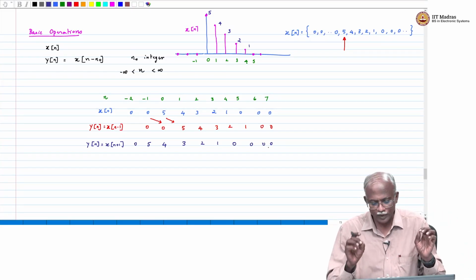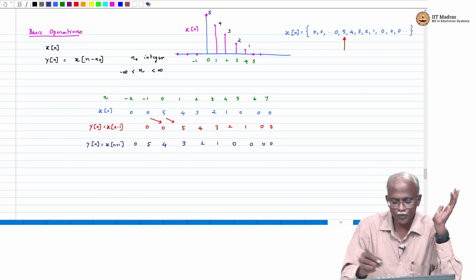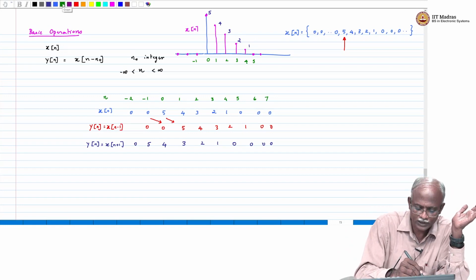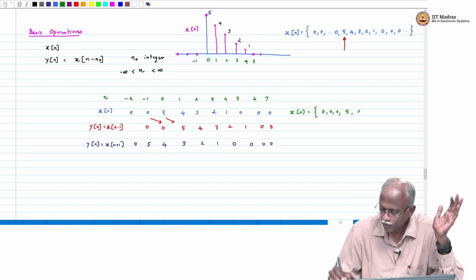Now, it is also very helpful for us to understand how these shifts occur when you write it in the form of a sequence. x of n is equal to 0, 0, 0, we already wrote it, then comes 5, 4, 3, 2, 1, 0, 0, 0.